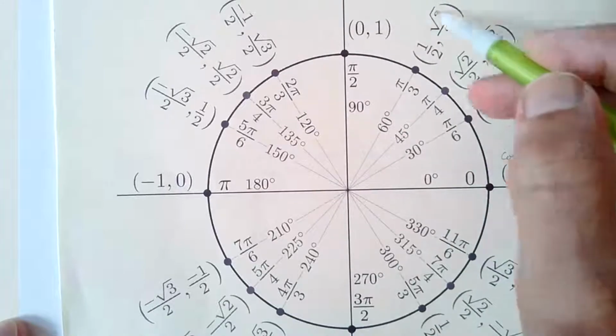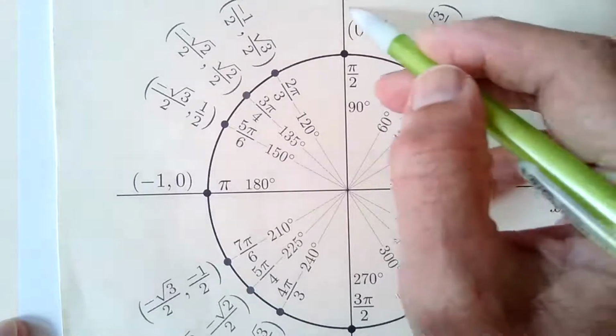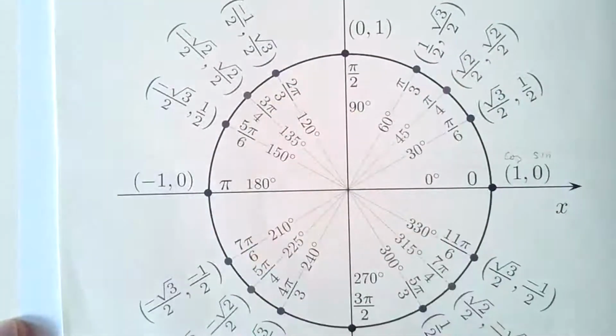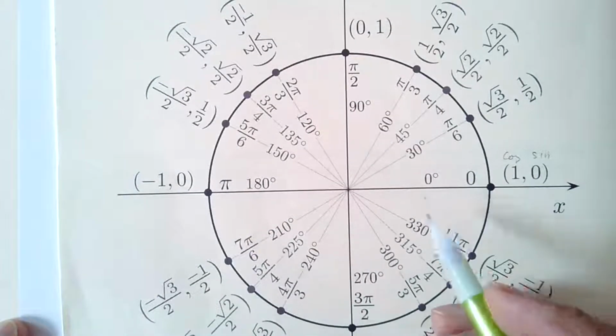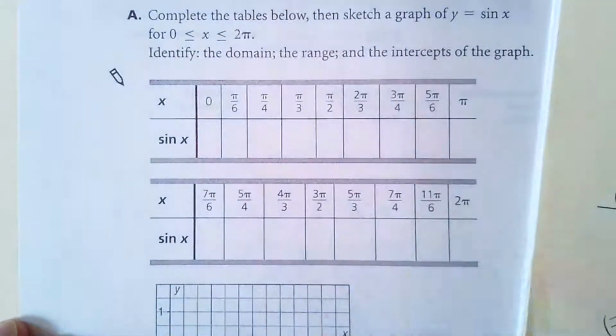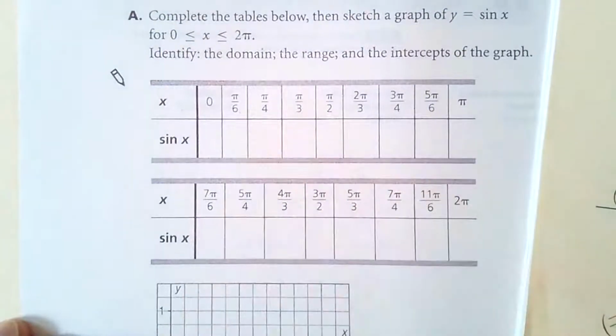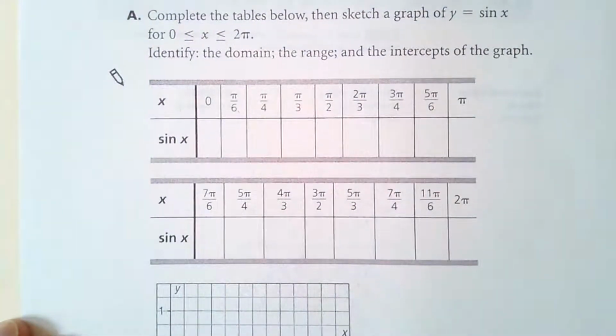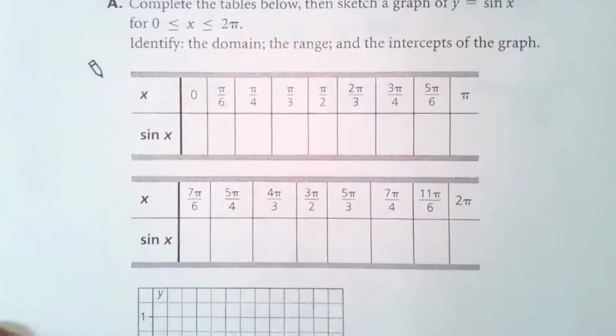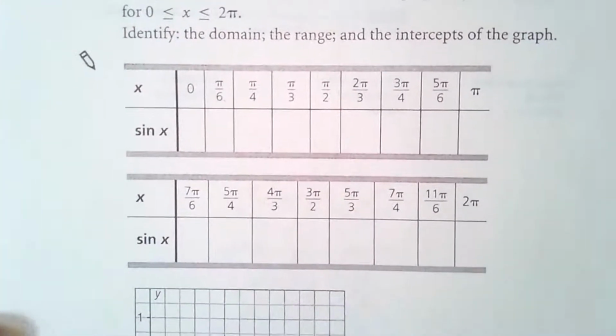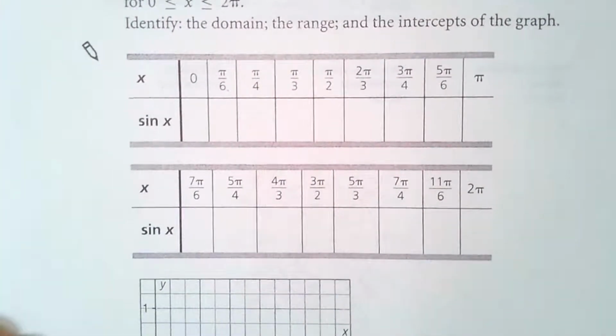So for sine, we'll be using the y values throughout. Now we are looking at radian measurement, not degrees in this case. So we switch from degrees, and we're going to look at radians.